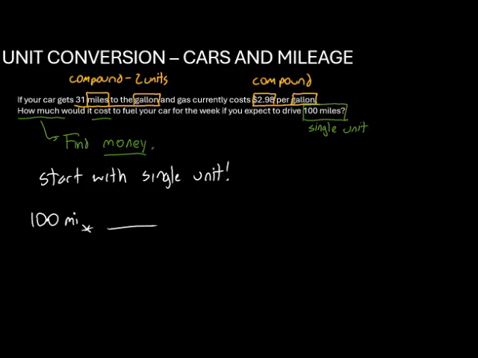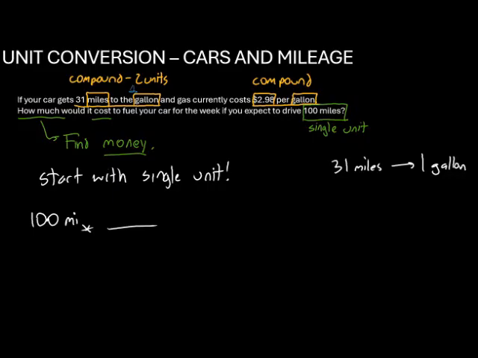We know that we get 31 miles to the gallon. And notice we were not given a number of gallons, therefore we'll write the invisible 1 next to those gallons. This means that when you drive 31 miles, you'll consume 1 gallon of fuel.